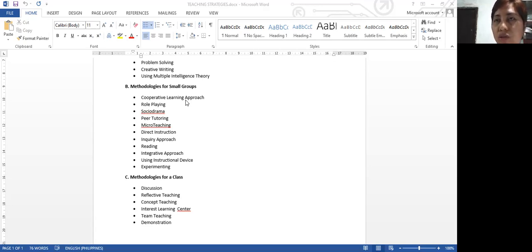The similarity of cooperative and collaborative is that the students are doing a particular task by group.